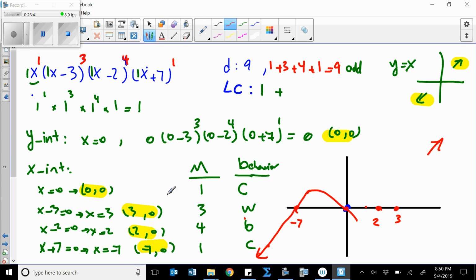Then at 2, multiplicity is 4. That means it's going to bounce at this point. It has to get close to this point, touch it, and then bounce. So the graph has to be like this. From this side it goes back up, and then bounces, and then goes back down. The next one is 3. At 3, multiplicity is 3, and the behavior is wiggling.